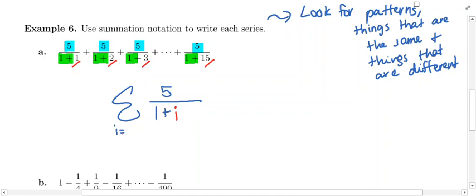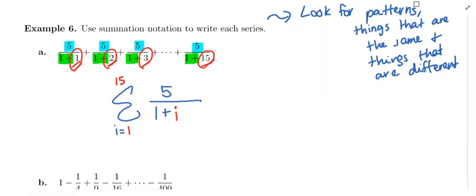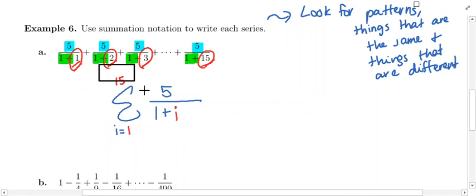I is going to start at 1, then go to 2, then 3, all the way up to 15. That tells us we need to start our I value at 1 and go up to 15, and we're done. This is the answer.